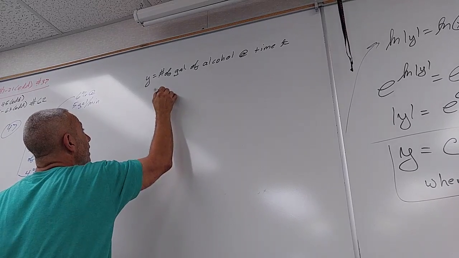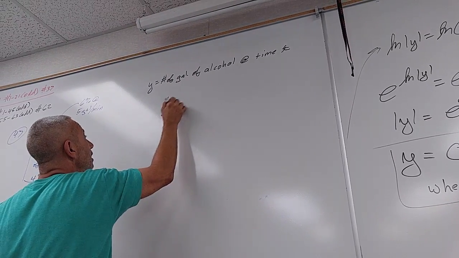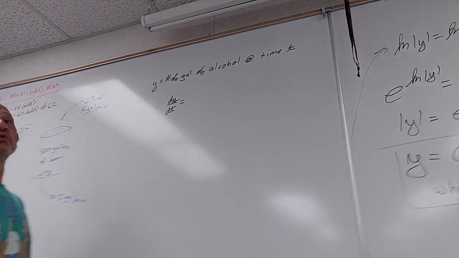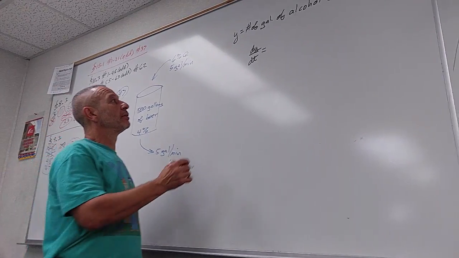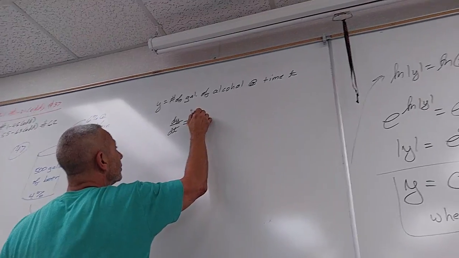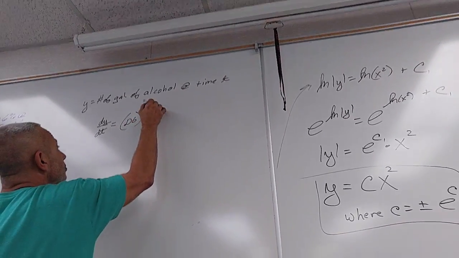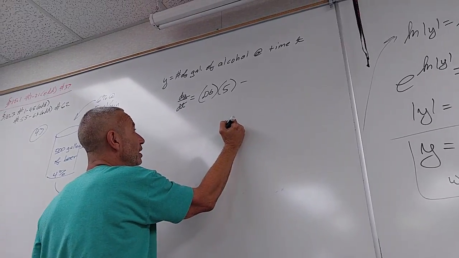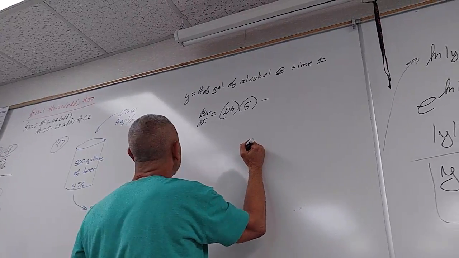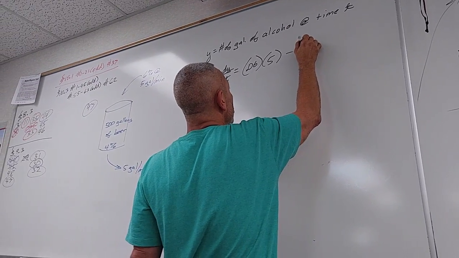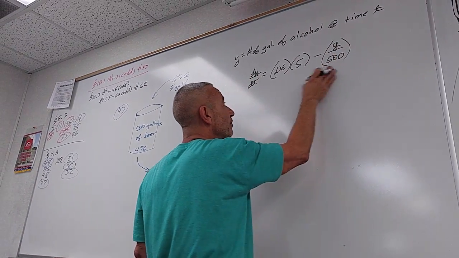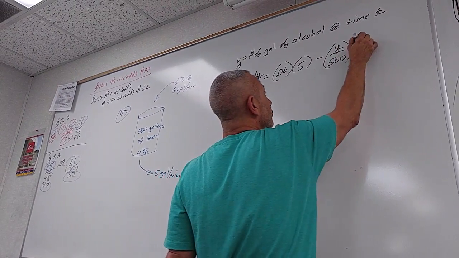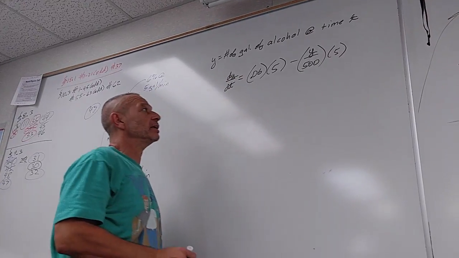So if you do that, then dy/dt is, well, how fast is booze coming in? 6% of 5 gallons per minute. And when we drain the stuff away, well, the concentration is the total amount of alcohol divided by the total volume. So that's what we have instead of the 6%, and that also is 5 gallons per minute.